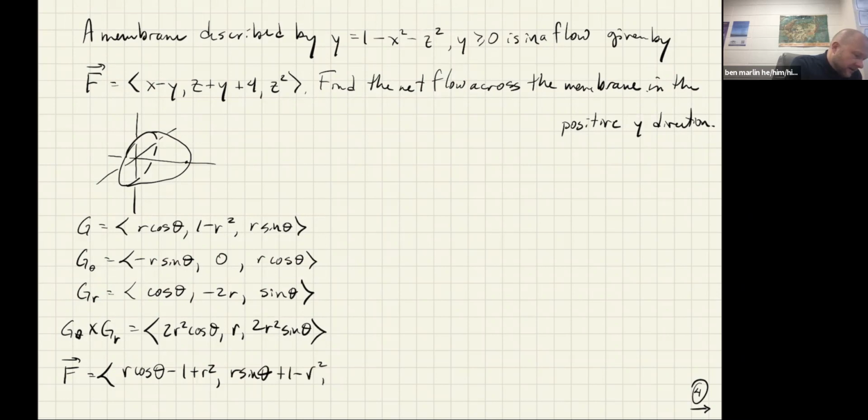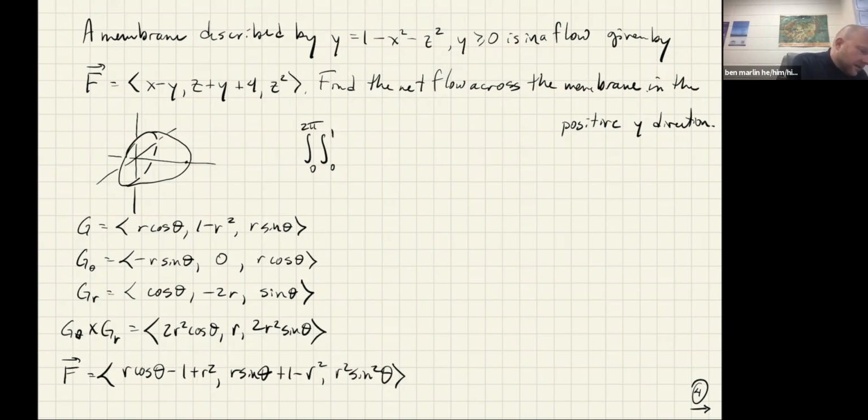And then the z squared is going to be r squared sine squared theta. It looks terribly messy, but now we have our integral set up. I'm going to put the 0 to 2 pi on the outside, and the 0 to 1 on the inside.